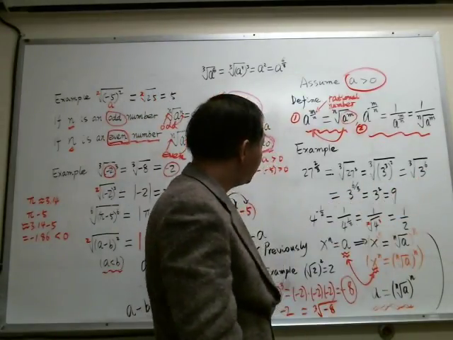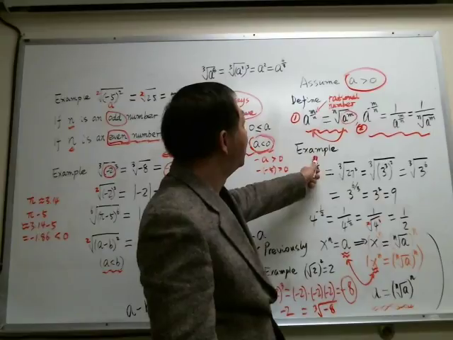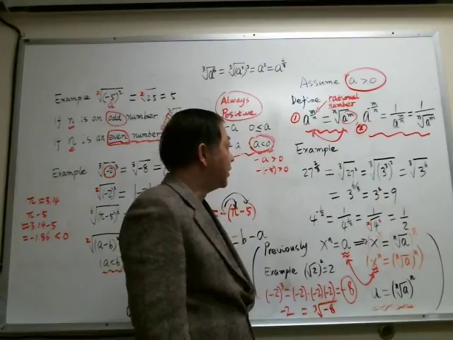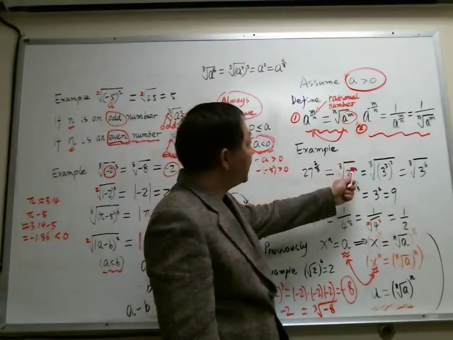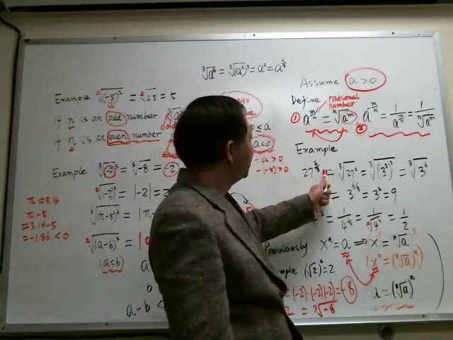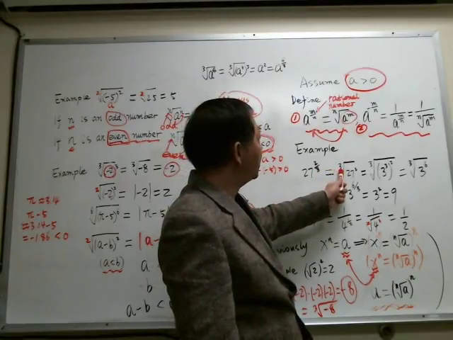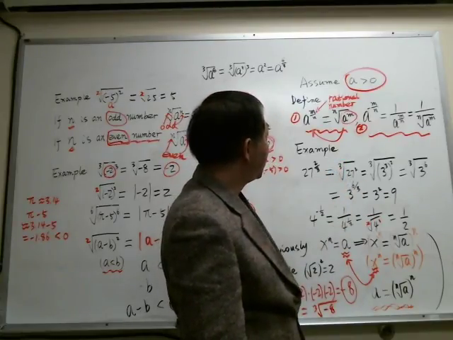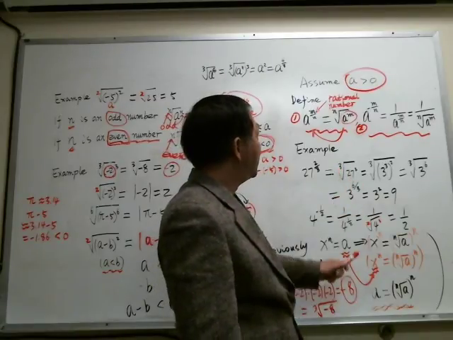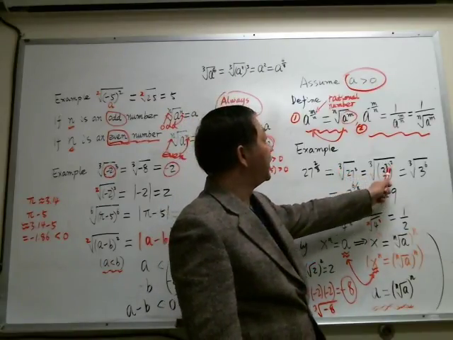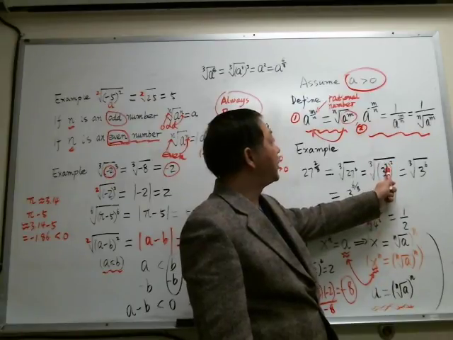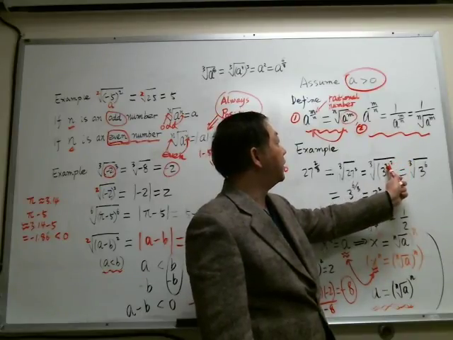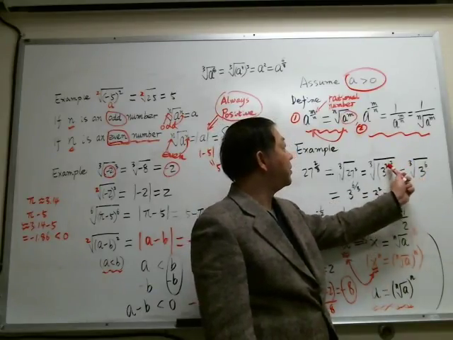How do you calculate 27 to a fractional exponent, 2 over 3? The 2 on the numerator goes to the exponent, and the 3 on the denominator is the radical exponent. Now we know 27 is 3 cubed, and 3 cubed then squared gives 3 to the 6th. The exponent is 3 times 2, not 3 plus 2.